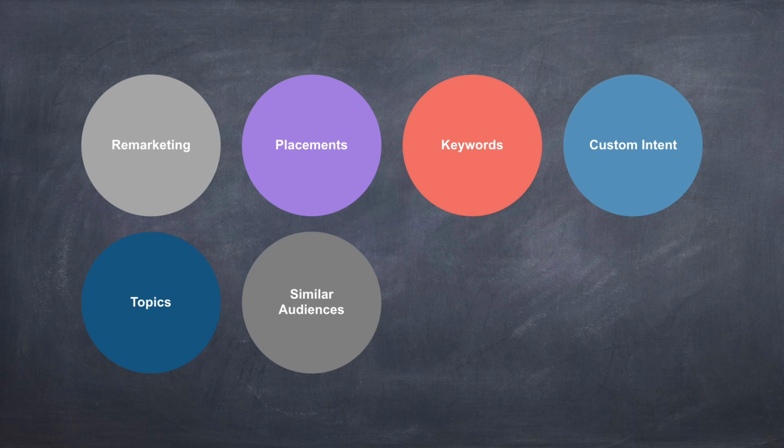And I love topics. They work very, very well when you find them, but you have to go through a few of them to work out which ones work best for your business. Then you can work on similar audiences. Now, similar audiences are rather like lookalike audiences if you're familiar with Facebook advertising. Similar audiences will build a list of people that are like the people that you already have an audience of.